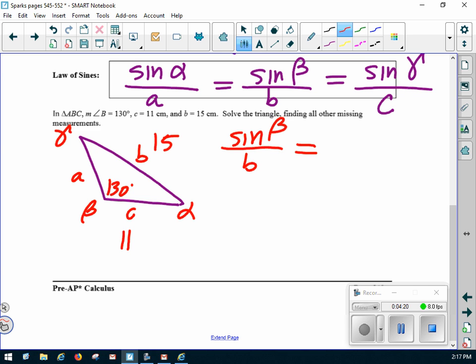If I know side C, then what can I find? Angle gamma. So I'm going to write sine of gamma over C. You're just going to do a proportion. You're going to take any two of these three fractions, set them equal to each other, and we're going to solve that.